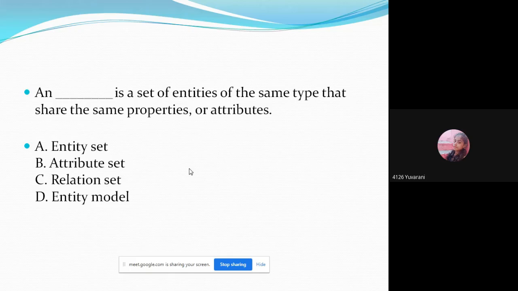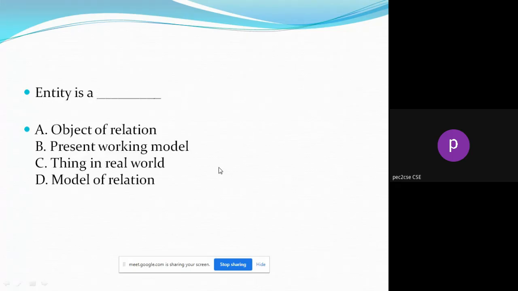Entity set. If 61 students are in one class and 63 students are in another class, totally 123 students, so 123 students is one entity set. All the students are going to have the same properties, same attributes.